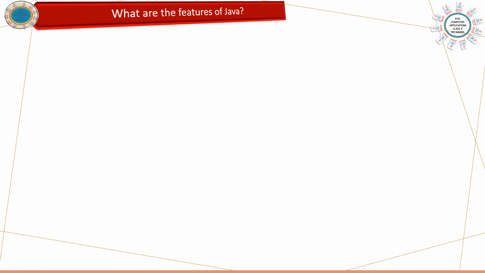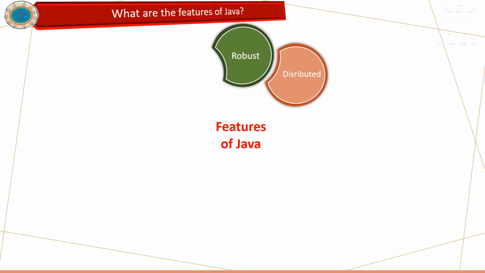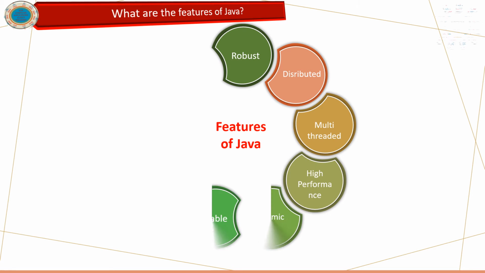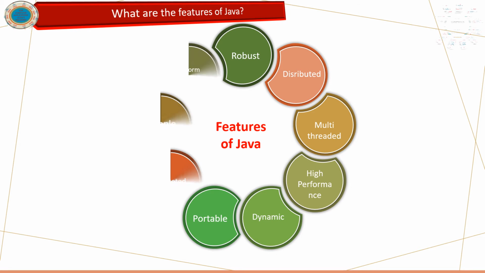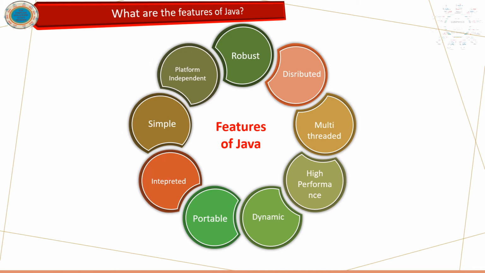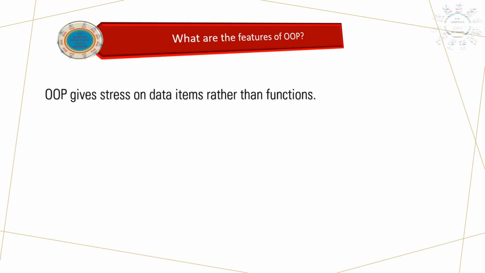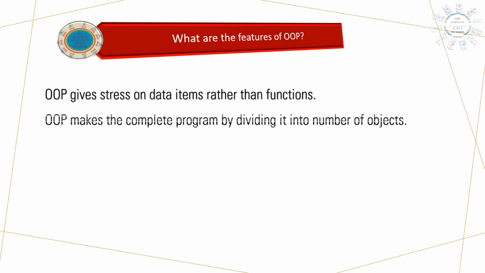The next three questions: what are the features of Java? What are the features of object-oriented programming? And what are the principles of object-oriented programming? Students always make mistakes here. In features of Java, we will write robust, distributed, multi-threaded, high-performance, portable, dynamic, interpreted, simple, and platform independent. These are the features of Java. And features of object-oriented programming: object-oriented programming gives stress on data rather than functions.